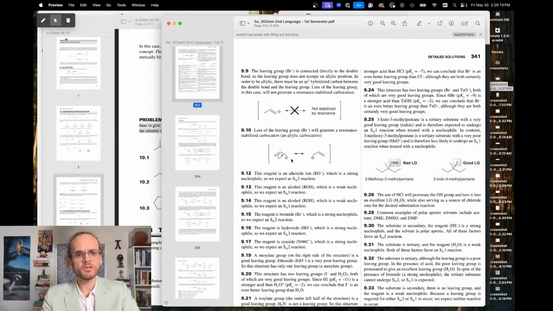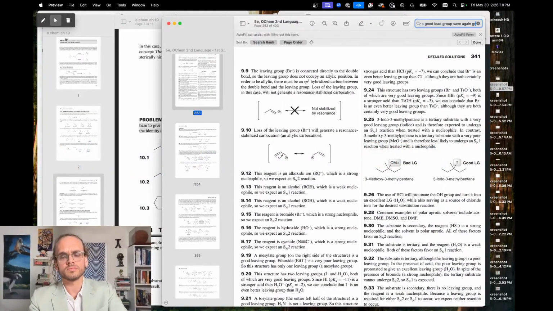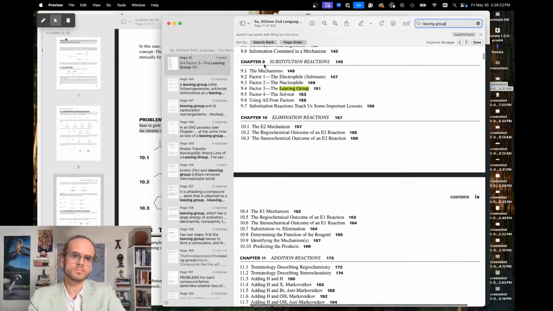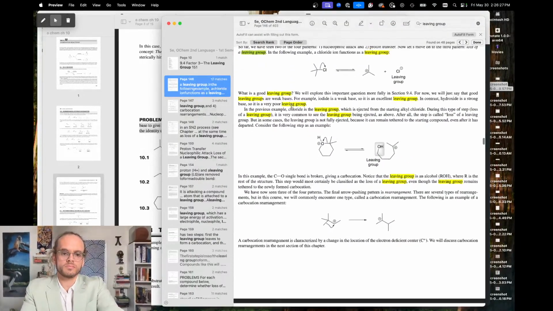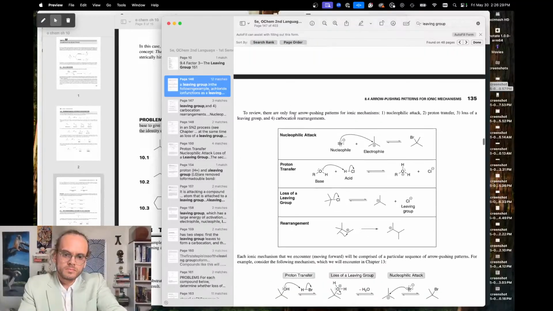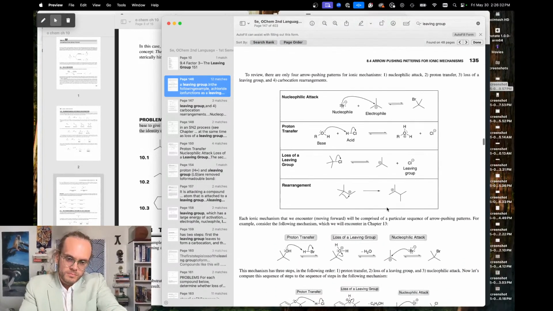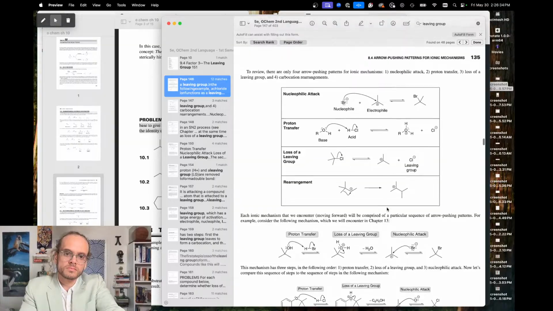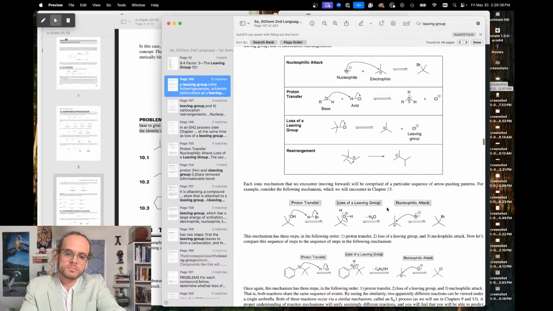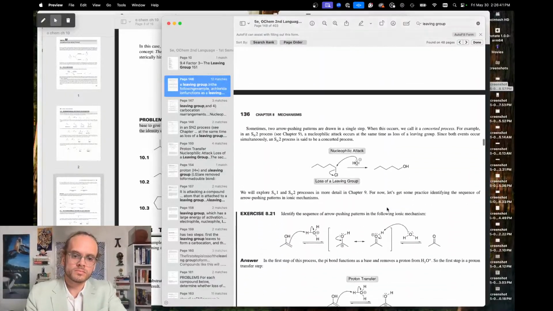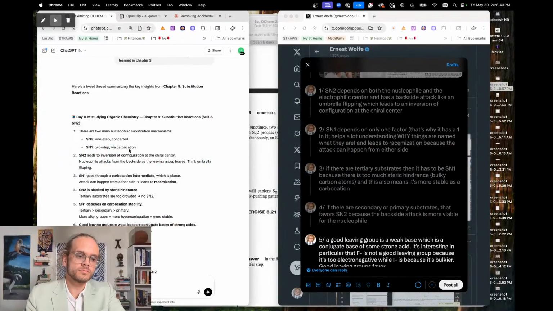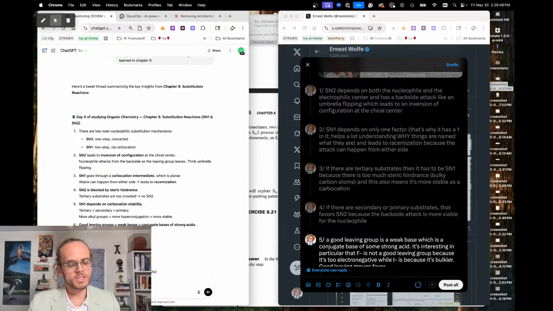What do good leaving groups favor again? What does a good leaving group favor, SN1 or SN2?